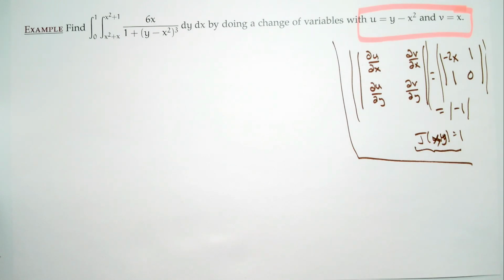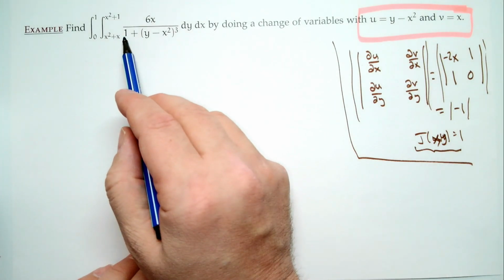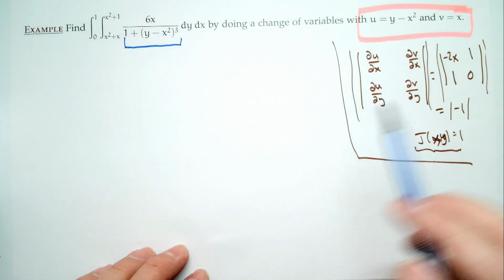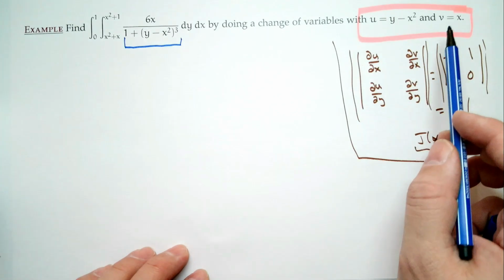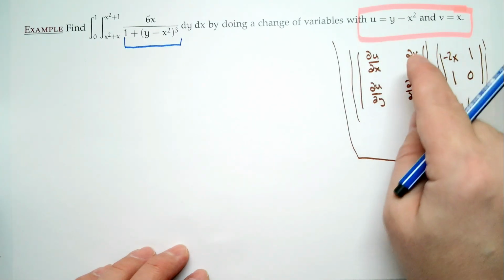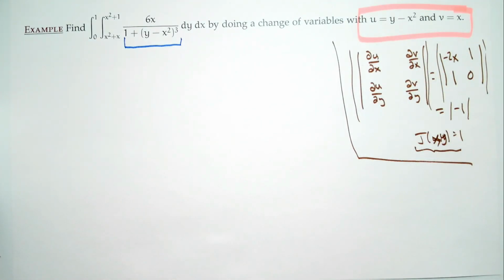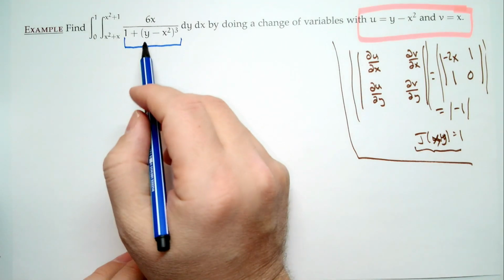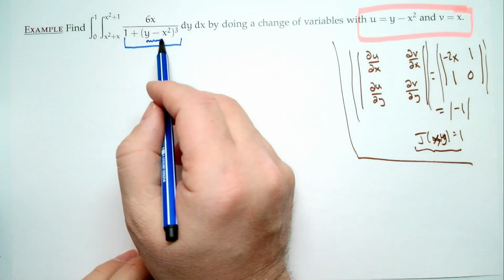Now, how about the function? Okay, so here's our function. What we want to do is rewrite it in terms of u and v. So the way I like to do it is I try to figure out ways to write the various pieces in terms of u and v. So notice, for example, you have this y minus x squared here.